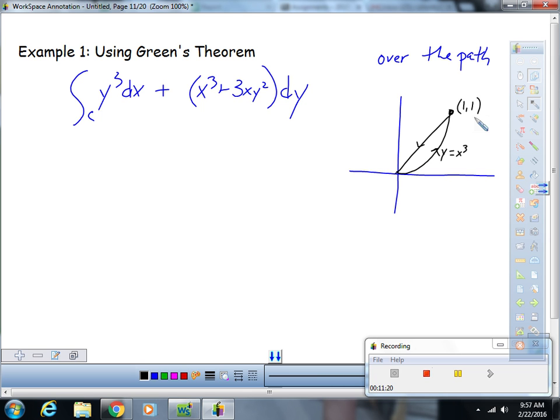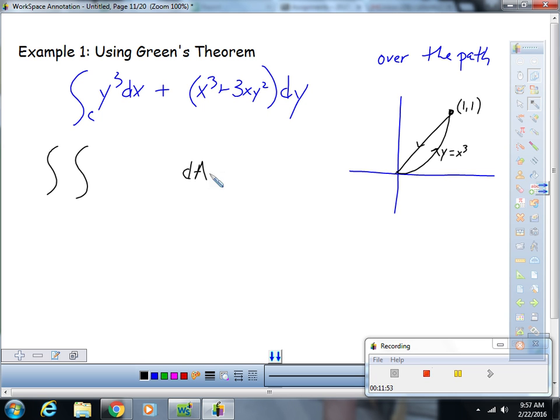To keep in mind, we've already done this question a couple videos ago. Could we find this in terms of t? We could find the parametric of this, pop all those t's in, and do it the way we used to. We're going to do it a different way, though. So we are going to change this into a dA.